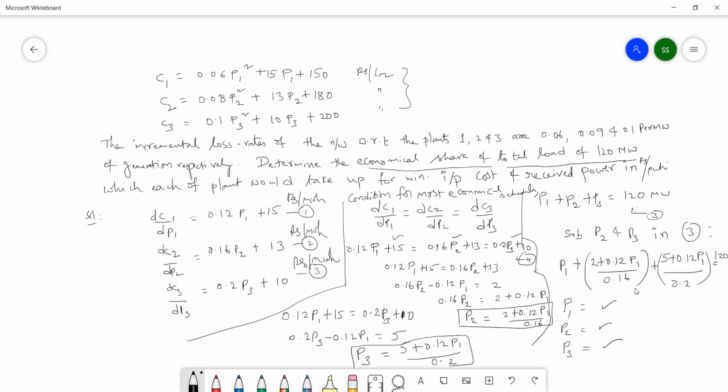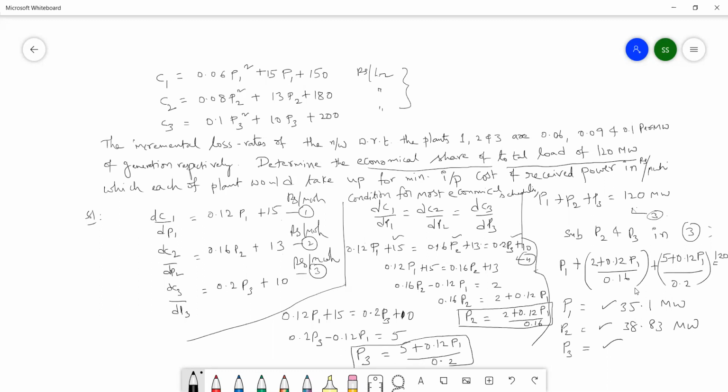Sir, P1 equals 35.106. We can keep it as 35.1 megawatt. And P2? 38.83 megawatt.